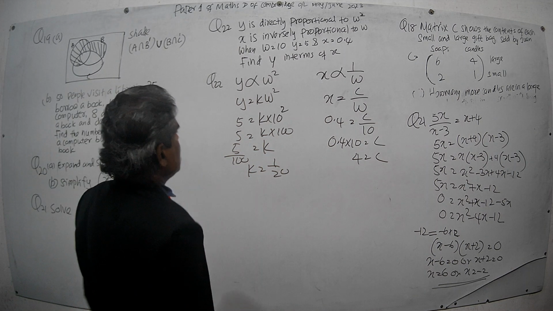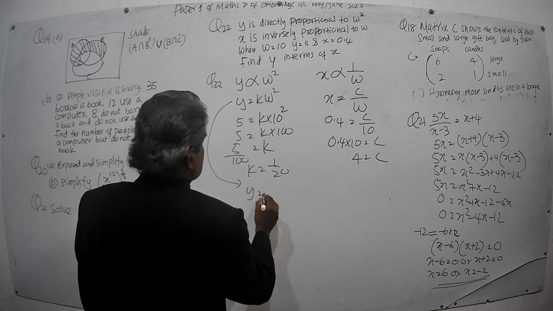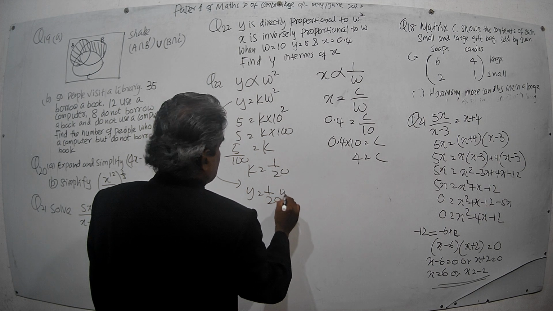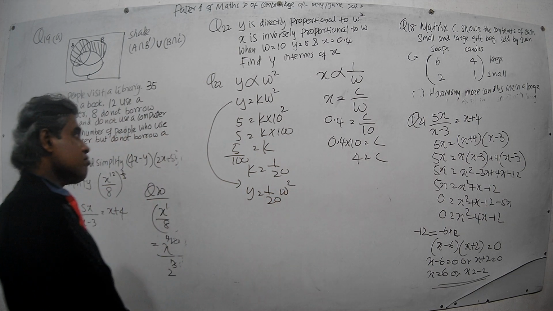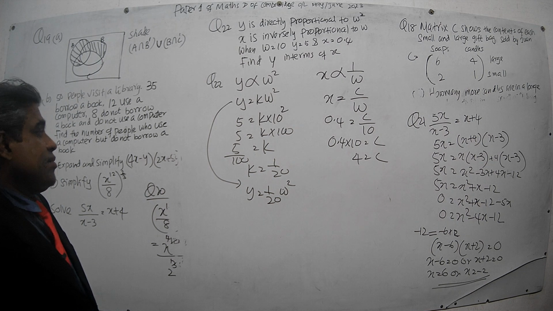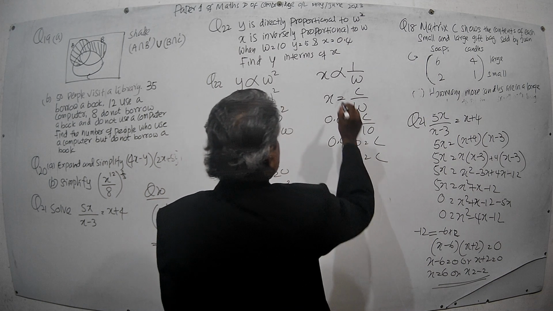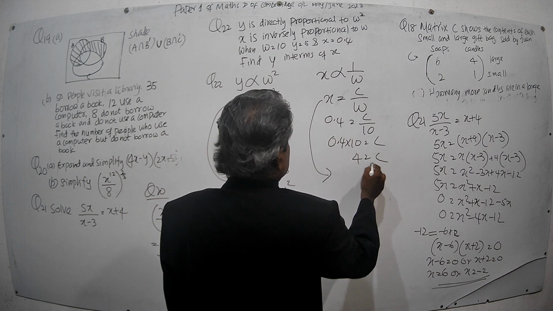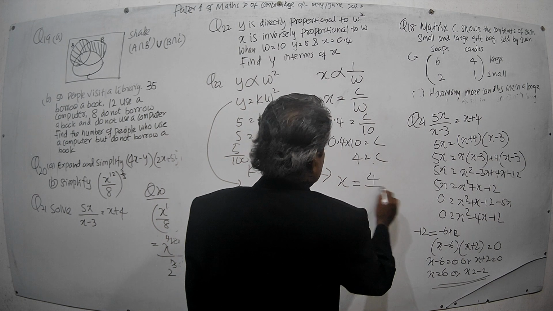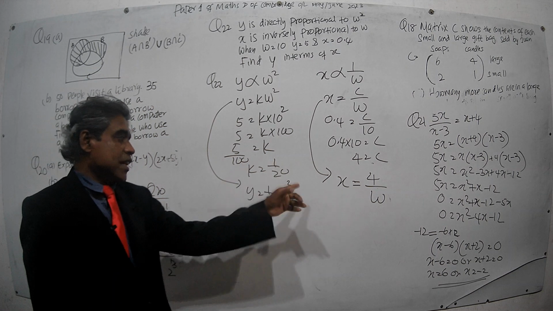Now we write this equation, substituting the k value. y equals 1 over 20 into w squared. That is the formula for y. Then to the other equation we substitute the c value. x equals 4 over w. Now we want to express y in terms of x.